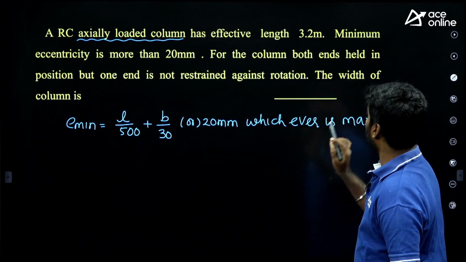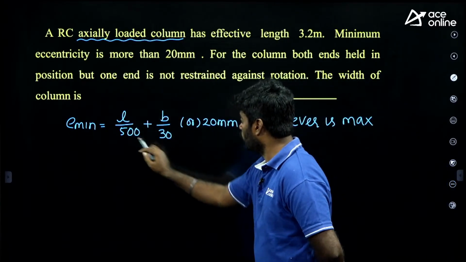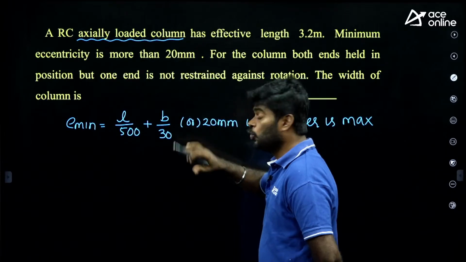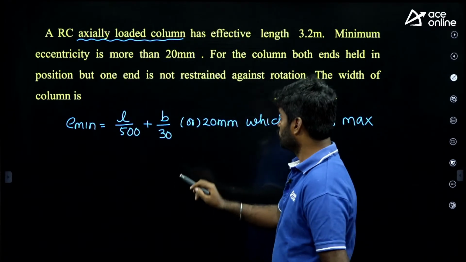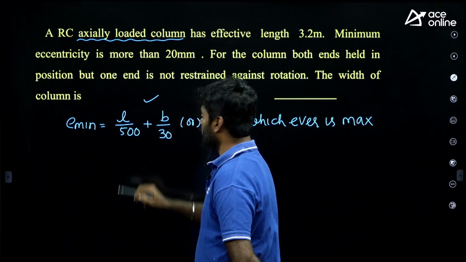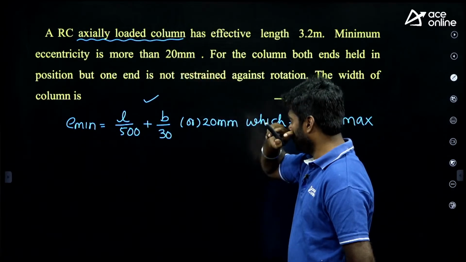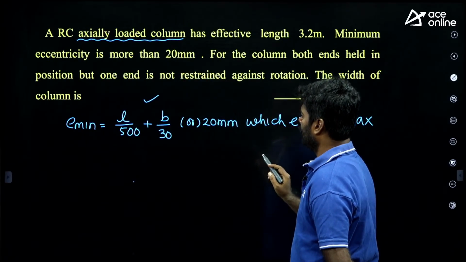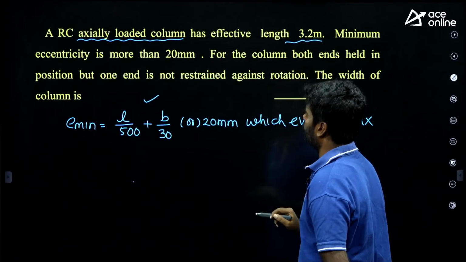They are telling very clearly that minimum eccentricity is more than 20 mm. Here 20 mm is there, and here one more is there. Of these two, whichever is maximum, we can take. So we need to take this one right now because eccentricity is more than 20 mm. But we need the unsupported length, because here the effective length of the column is given.